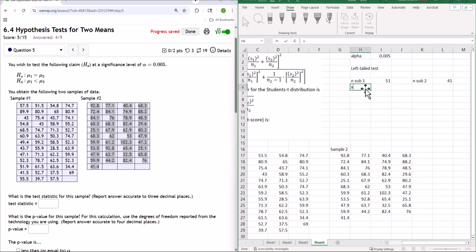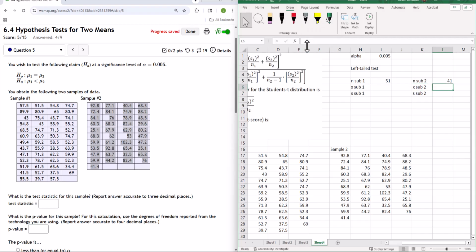Now we need x bar sub 1, and s sub 1, also x bar sub 2, and s sub 2.